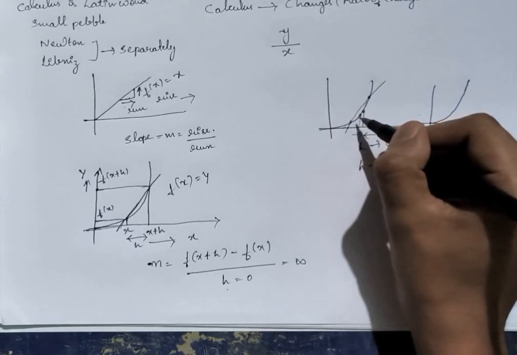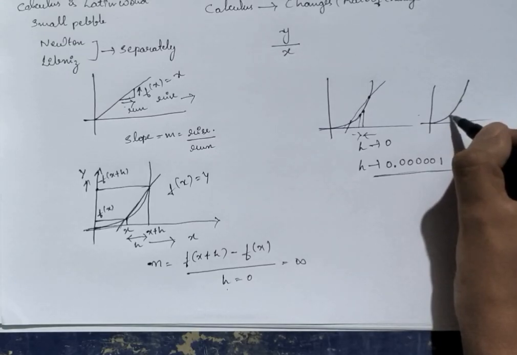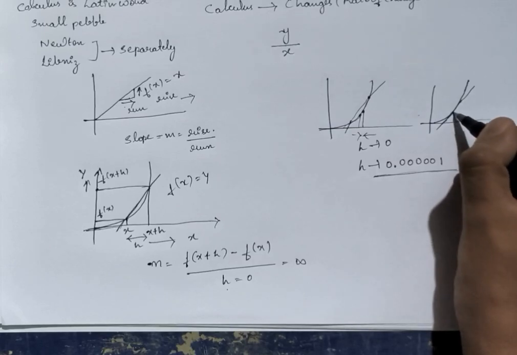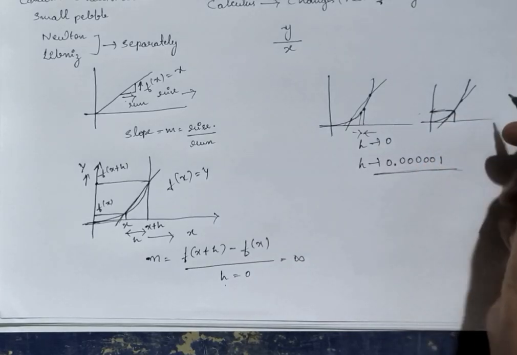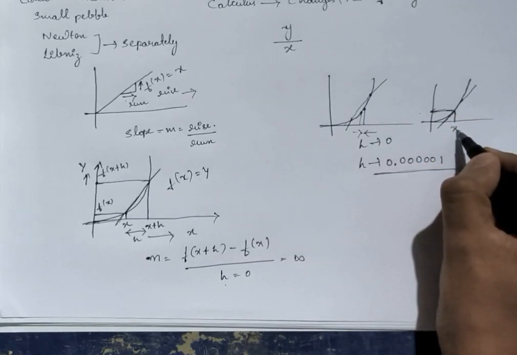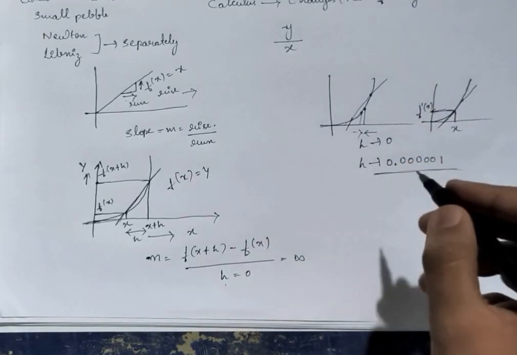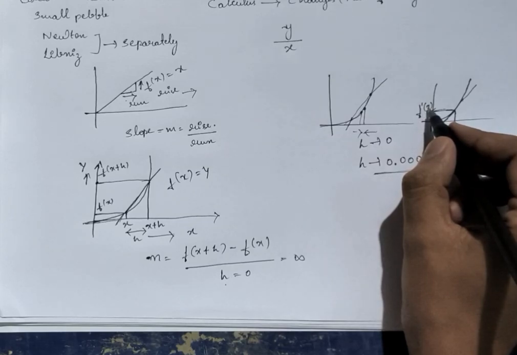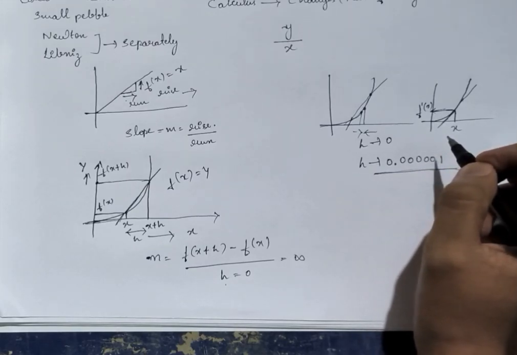As this distance becomes 0, the line just touches the curve at only one point, and there exists the slope of this curve at x. Consider this as x. There exists f dash of x. Later I am going to tell you this in the next video. This is the main idea of calculus.